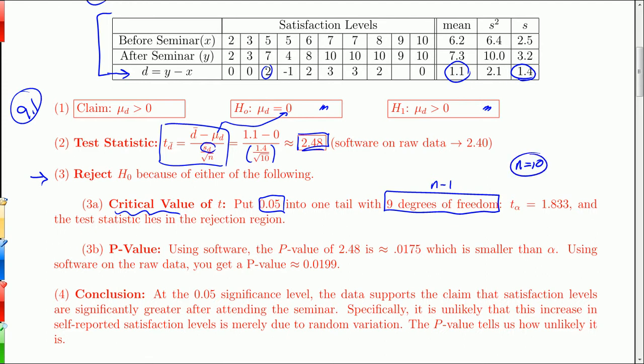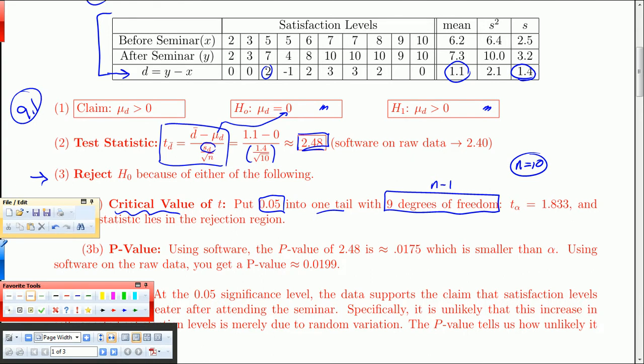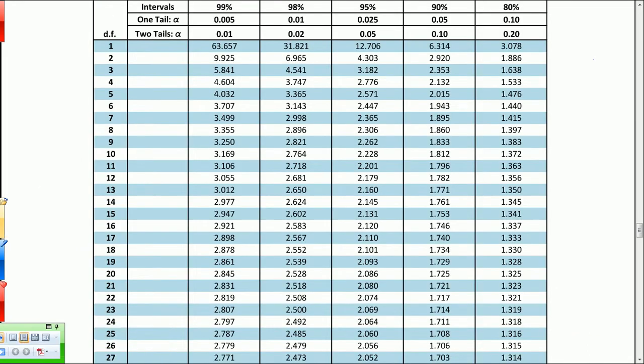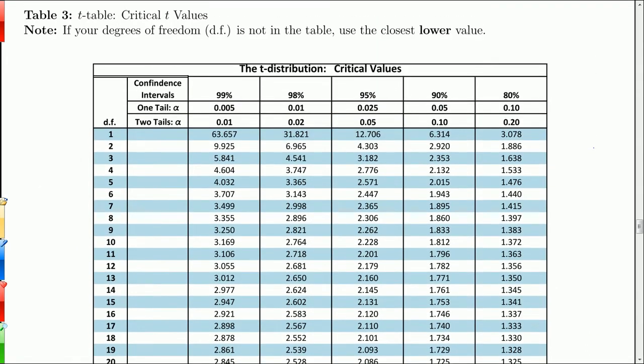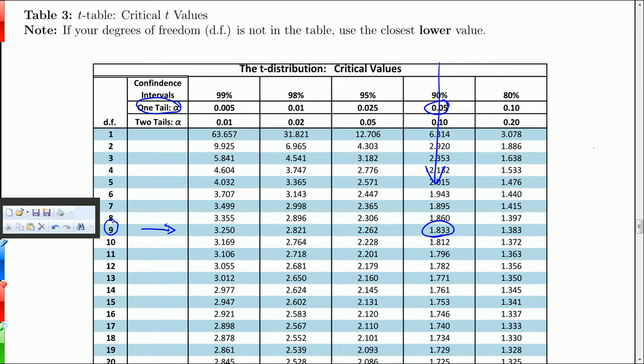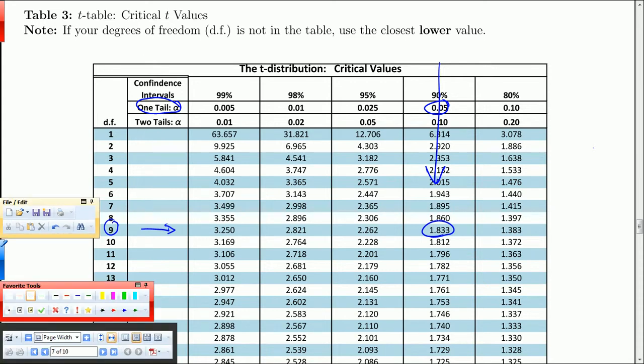It's one tail, so we get our critical value from the t-table. 0.05, one tail, so I'm in this column, 9 degrees of freedom, so I'm in this row. And the critical value is 1.833. So we'll take that back to our problem.